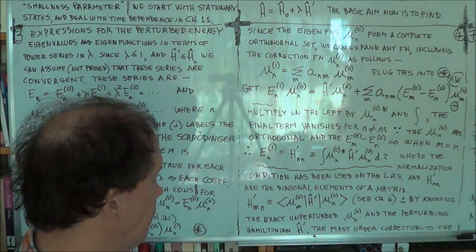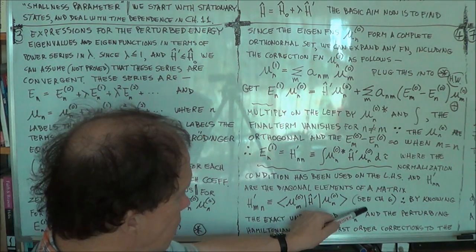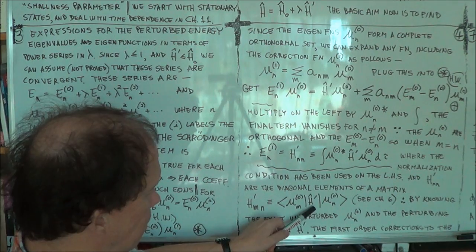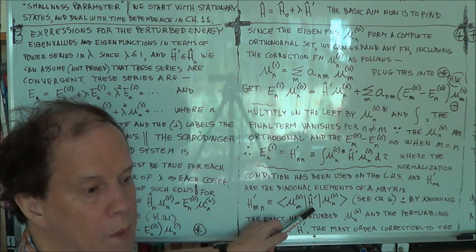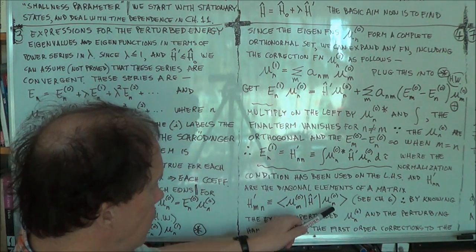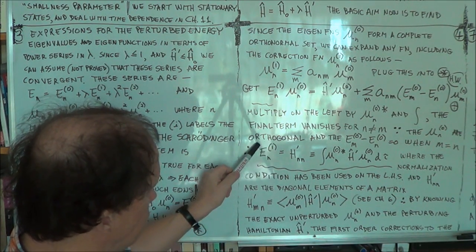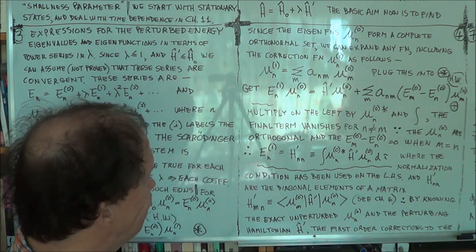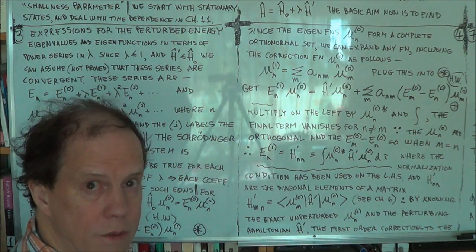So if you know the unperturbed eigenfunctions here, and you know the perturbing Hamiltonian, the extra term that you add, right? If you know these two things, you can then find the correction term to the eigenenergies, right?